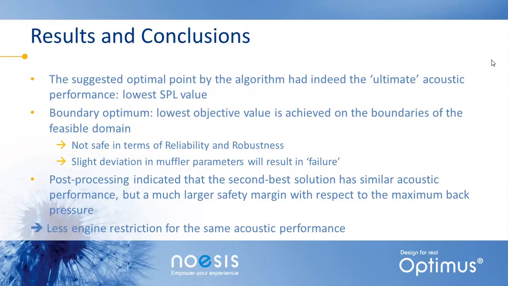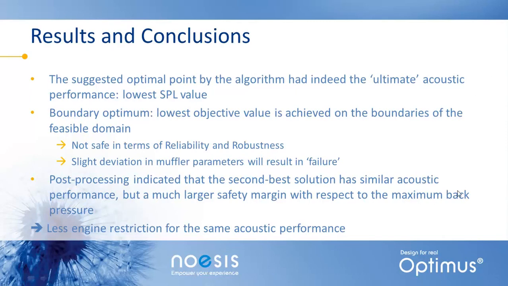So to conclude this case, the optimal point that the optimization algorithm found had a very good acoustic performance, but it was located on the boundaries of our constraints. So this is not safe in terms of reliability and robustness, and the slightest deviation in input parameters can result in failure of our design, being out of constraints.